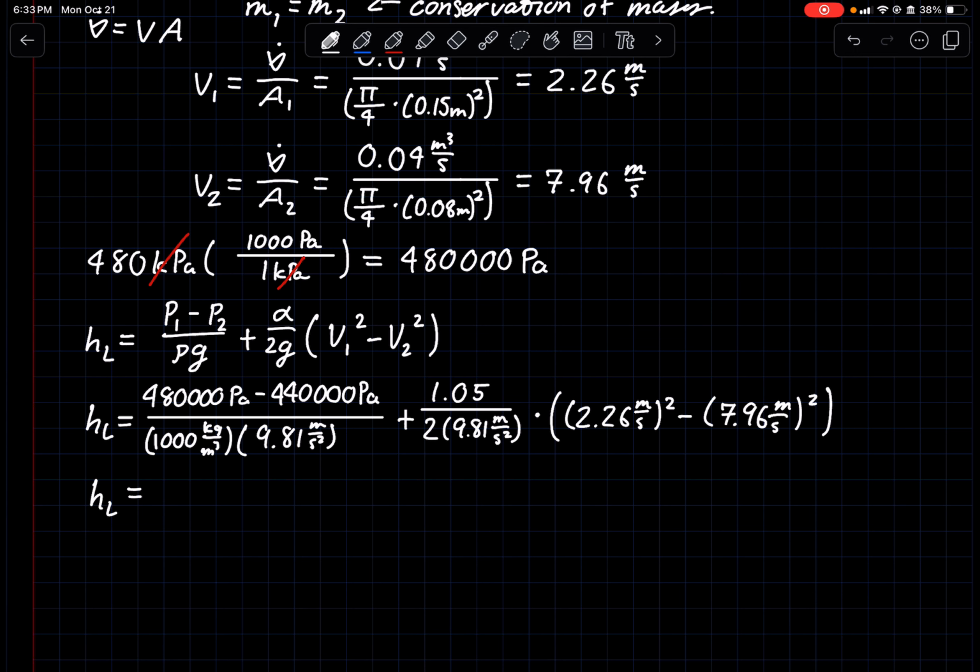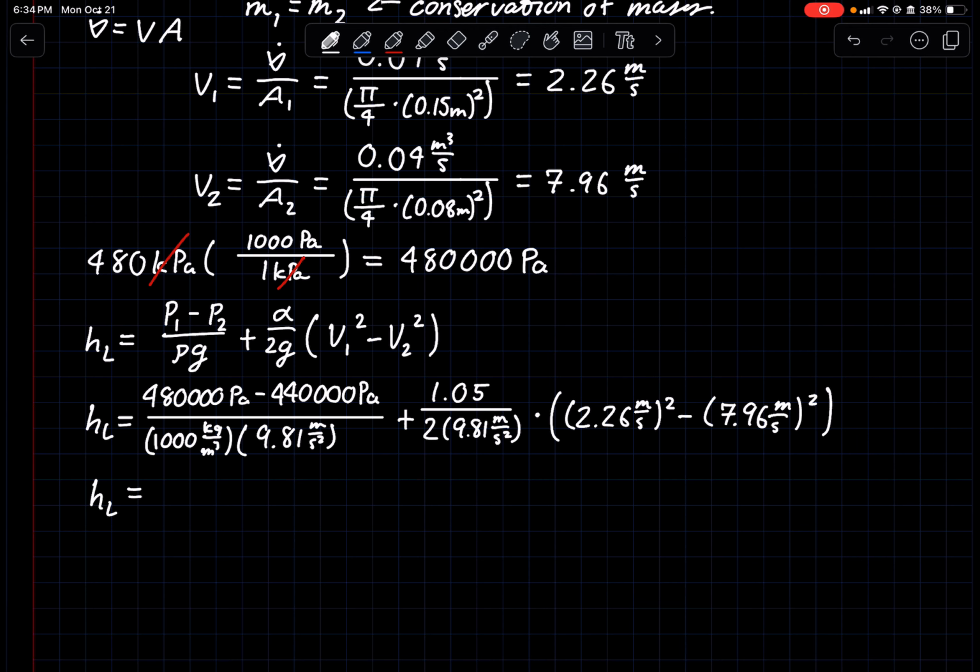So putting this in the calculator, 480,000 minus 440,000 over 1,000 times 9.81. And then our correction factor, and then 2 times gravity, the denominator of that, and then multiplied by 2.26 squared minus 7.96 squared.